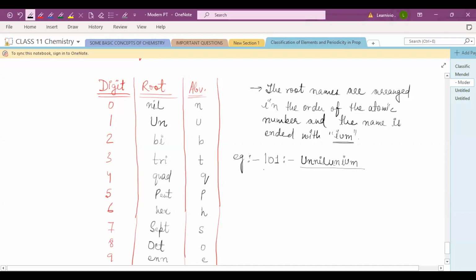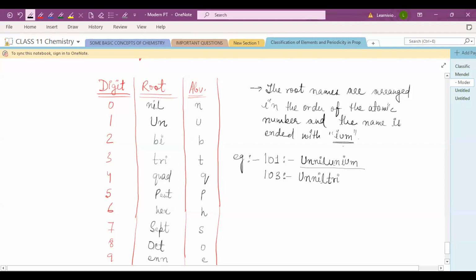Again, if it is 103, how can we write it? It's quite a complicated name. For 1, the root word is again un. For 0, it is nil. For 3, it is tri.